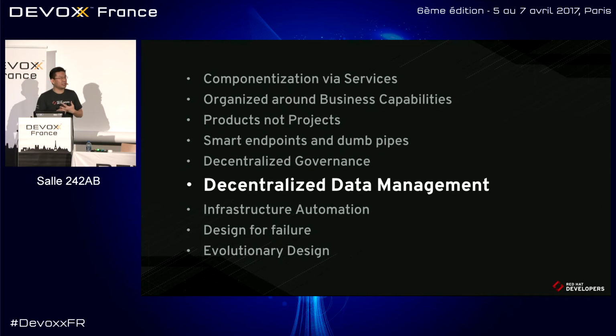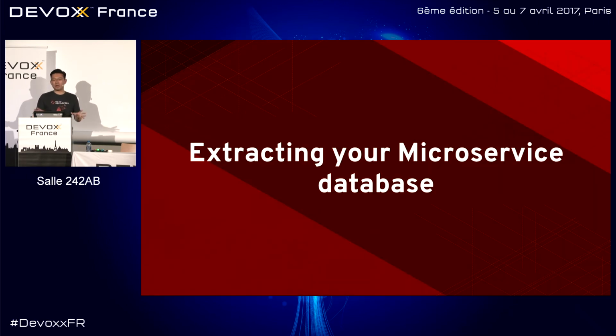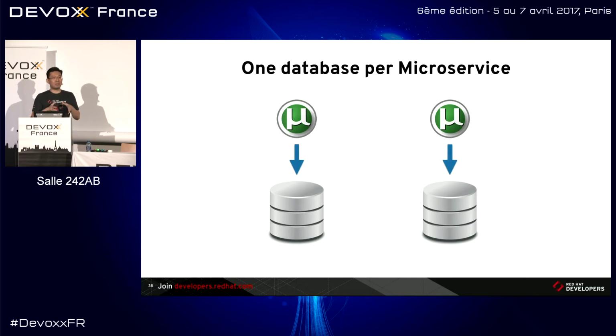I've decided to choose just one, decentralized data management, which is the subject of this talk. And that's why we have to talk about extracting your microservice database. The decentralized data management principle states that we must have one database per microservice, right? Each microservice must own its own data, so we must have one separate database per microservice.